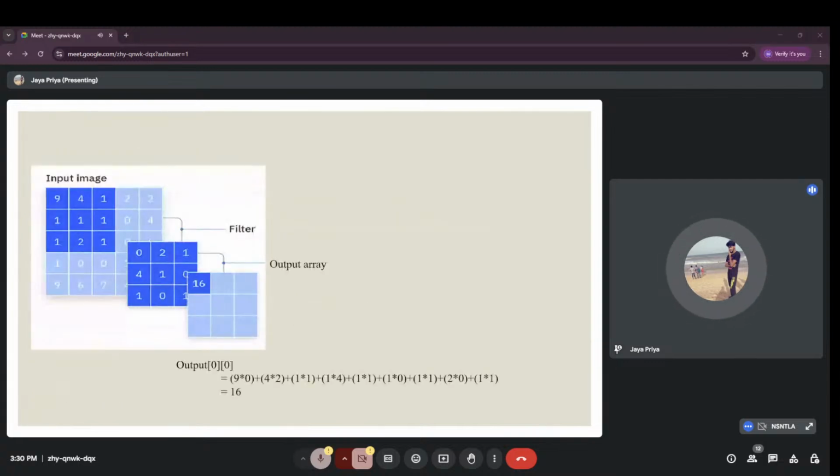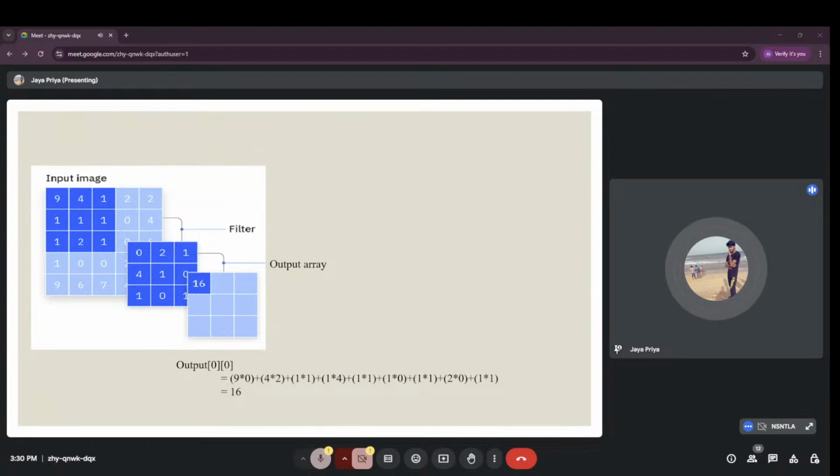Next, what is happening in the image? The matrix on the left, the numbers represent pixel intensity of an image. The dark blue regions show the part being processed. The middle matrix is the filter. This is a 3x3 filter, a small matrix used to extract features.